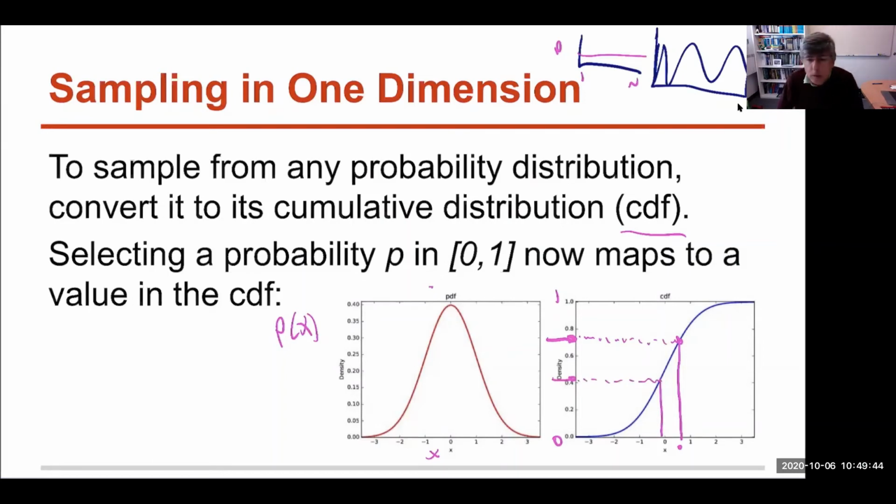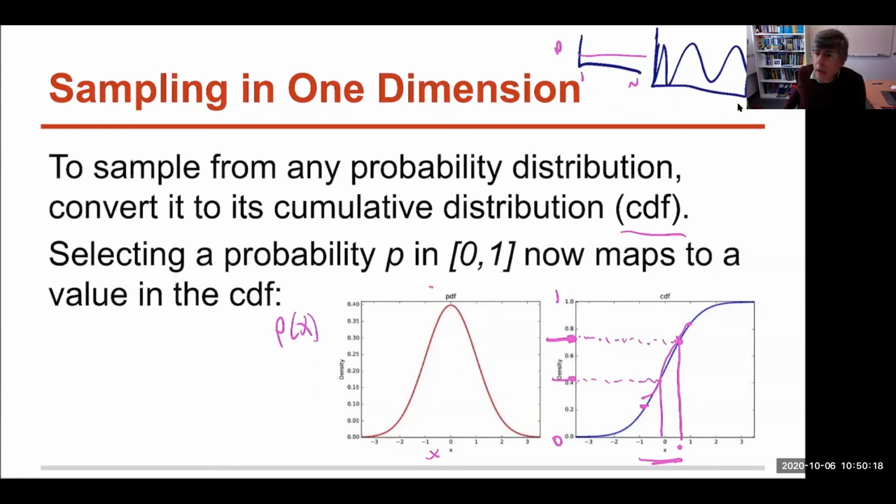Does everybody see that when I do this sampling, a lot of the values are going to lie in this narrow range of X, because that is where most of the probability mass lies? So for any distribution in one dimension, my claim is this gives you a way of sampling values from that probability distribution.